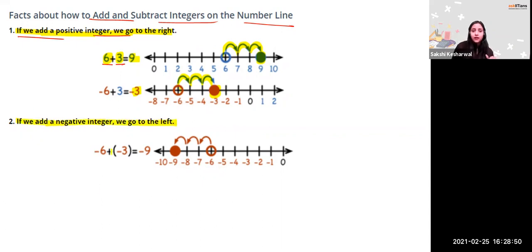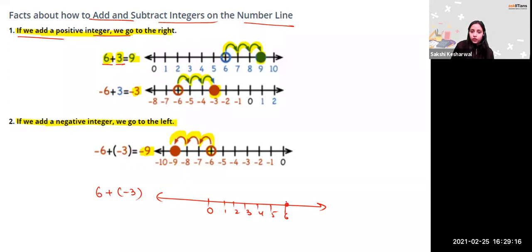So -6 plus -3, right? First you go to -6, and then 3 steps to the left, so you reach -9. In the same way, if I say 6 plus -3, you are adding a negative integer. So this is your number line: this is 0, this is 1, 2, 3, 4, 5, and 6.